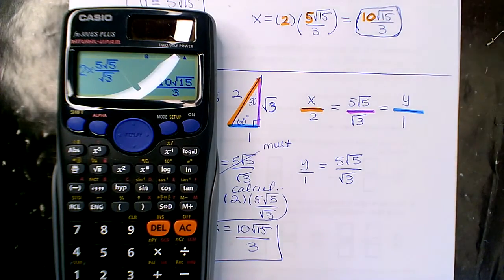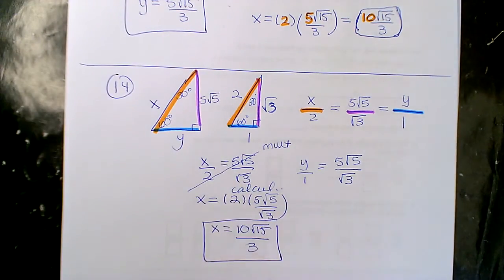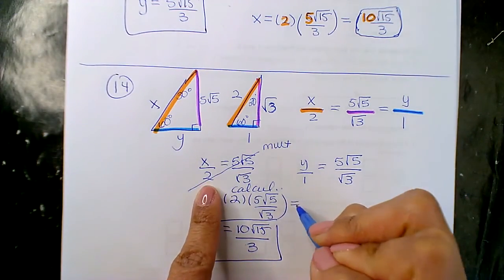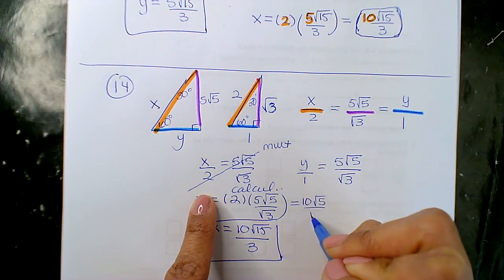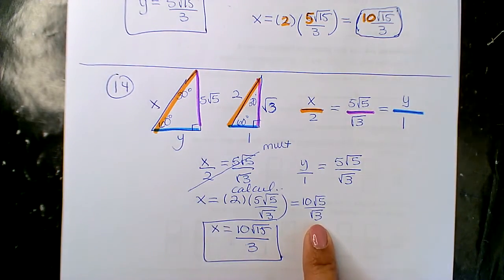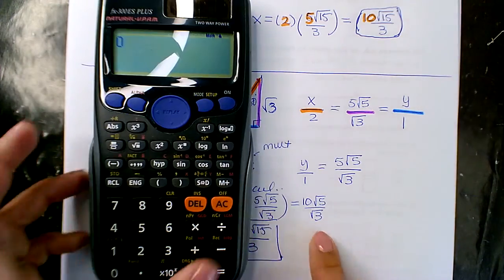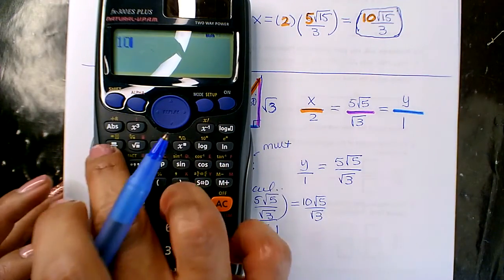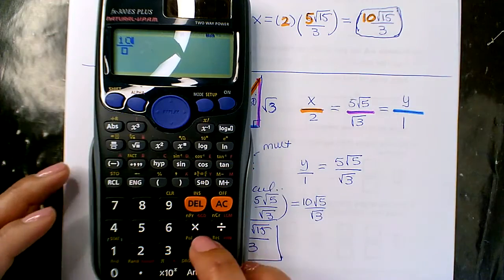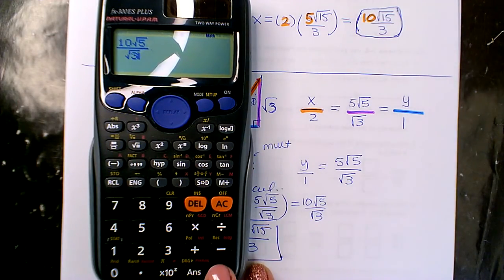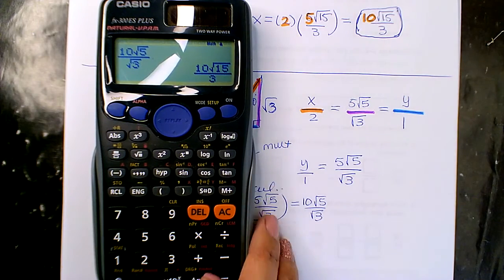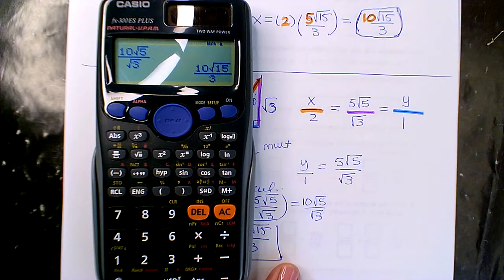The calculator will do it for you. So you can put it all together, but if you want to go 2 times 5 is 10 rad 5 over rad 3, and if you want to put that in the calculator instead, how much work? Right, if you put that, notice it's 10 rad 5 over 3.